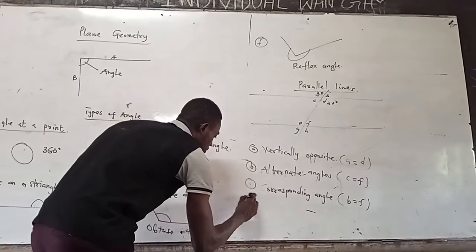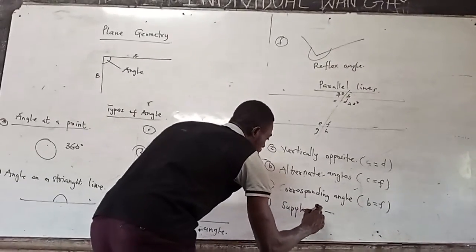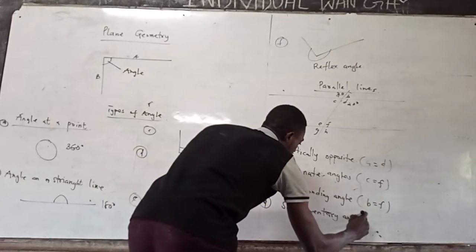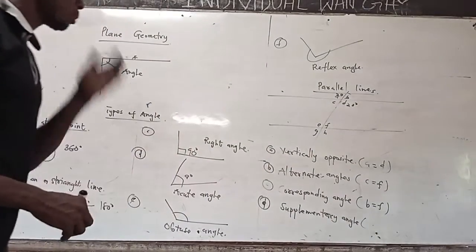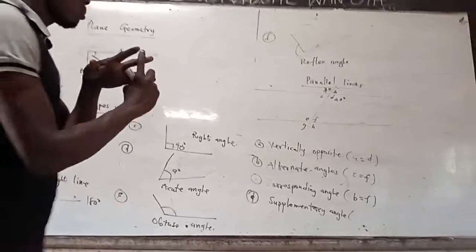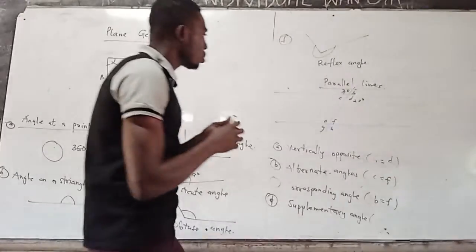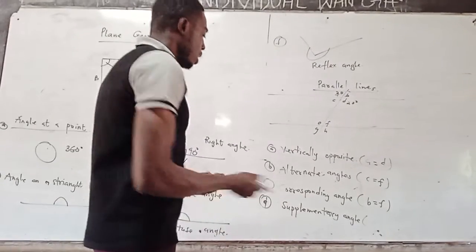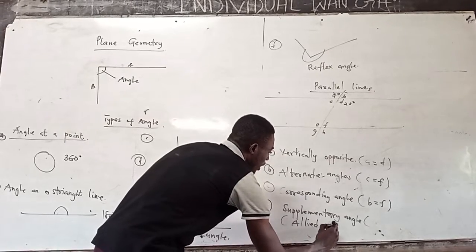Next, we have supplementary angles. When you talk about supplementary angles, we are just talking about two angles that sum up to 180. So angles on a straight line are also supplementary angles. Sometimes we call a supplementary angle a linear angle.